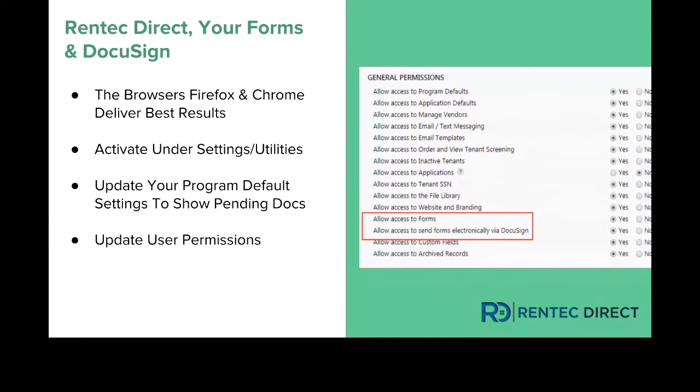So if you're in your account, go to your settings, manage users, and then you're going to click on their permissions link, and then you'll be able to see this general permission section, and you can just elect which of your team members you want utilizing each of these tools, and you can do it on a per user basis. So maybe not all of your team members need to have access to this, but you definitely need to allow them if they're to use it.